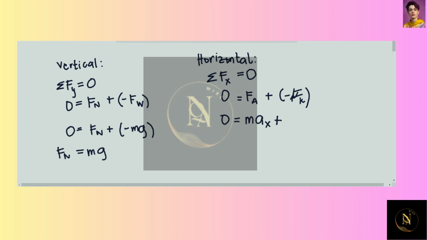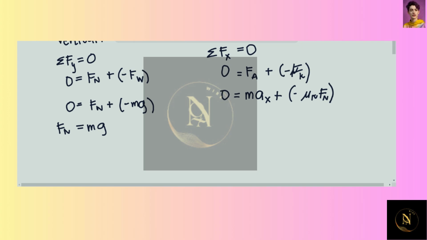And the formula for friction is mu sub k multiplied by the normal force. Rearranging, we have m multiplied by a sub x is equal to mu sub k multiplied by the normal force.